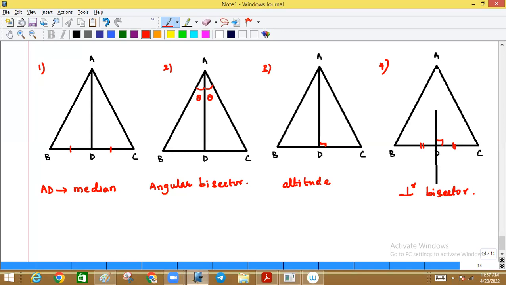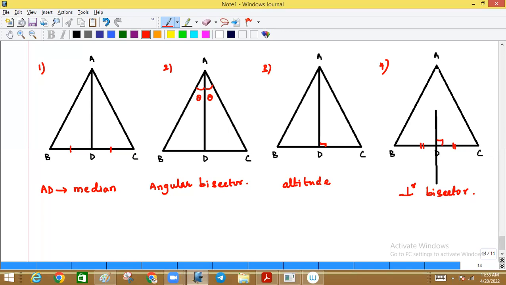First one is bisecting the opposite side into two equal parts. Can I say AD is perpendicular to BC in the first one? No, I'm not given that. AD is not perpendicular to BC in the first one. I'm only saying it is bisecting the opposite side. That's all.